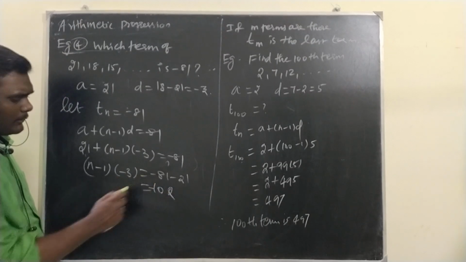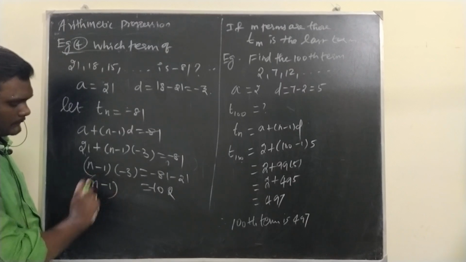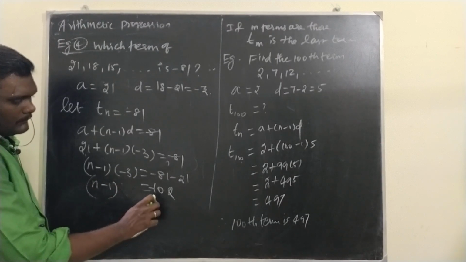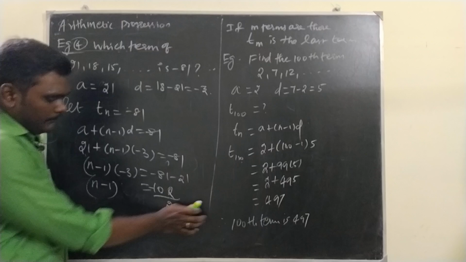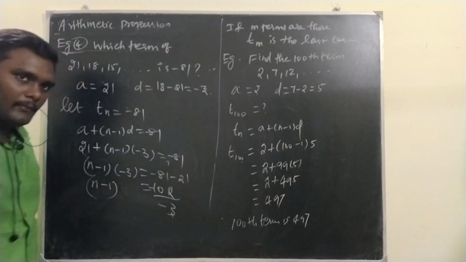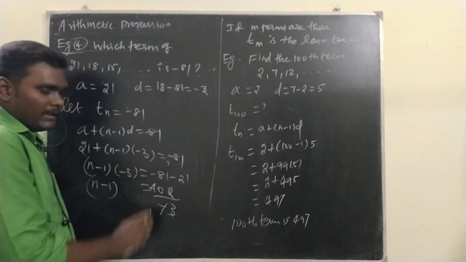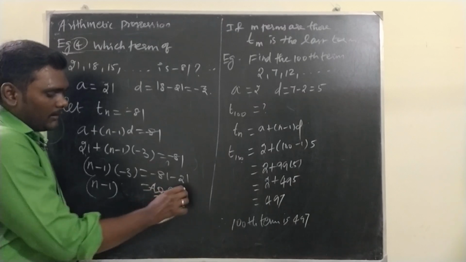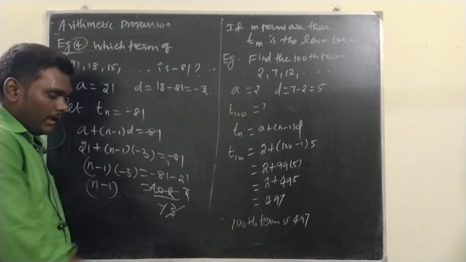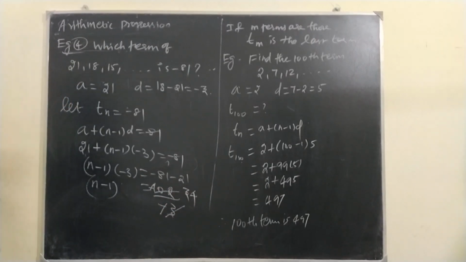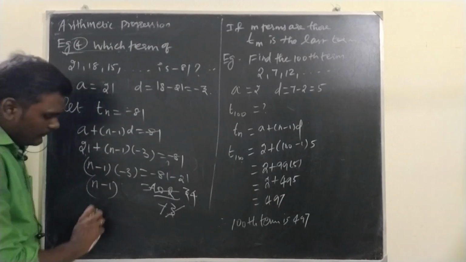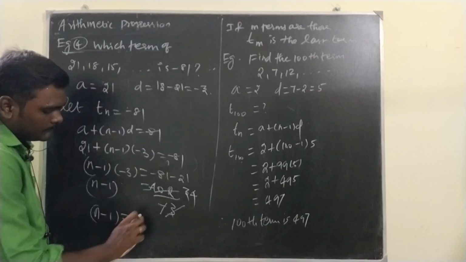Now, take this minus 3 to the other side. Divide by minus 3. Okay. Then minus minus will get cancelled. Then here 3 3s are 9, 4 3s are 12, 34. So n minus 1 equals 34.